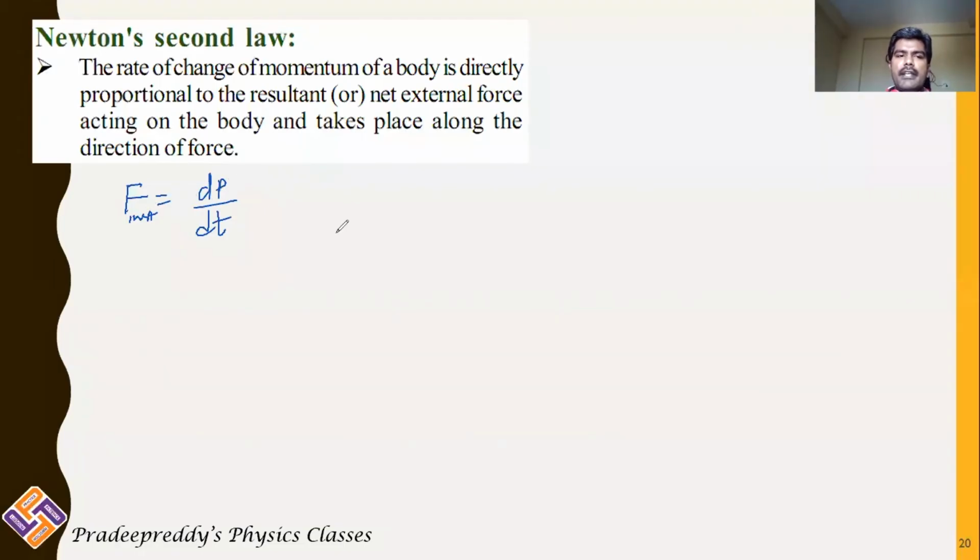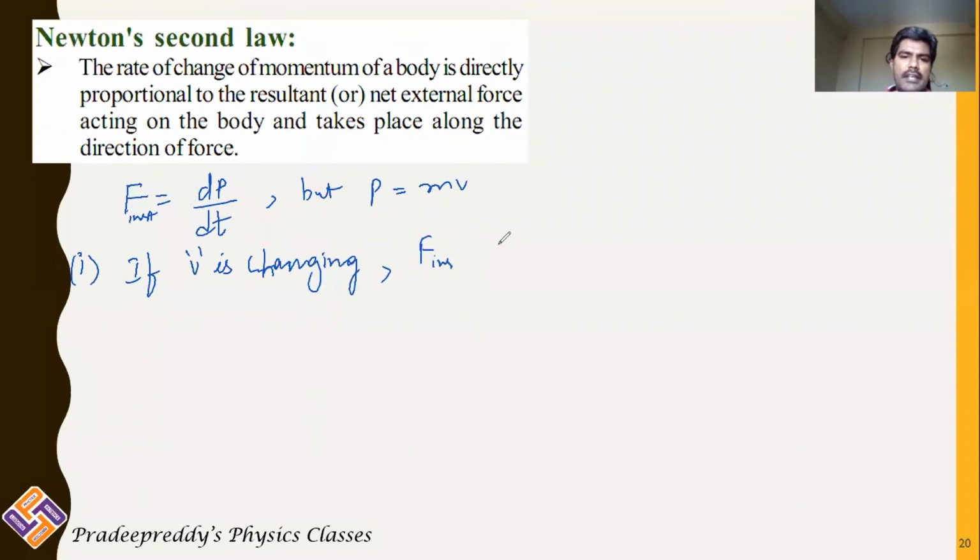This is instantaneous force. But what do we have for momentum? P is equal to mv. So if v is changing, then you can write F instantaneous is equal to d by dt of mv, as m is treated to be constant because velocity is changing.